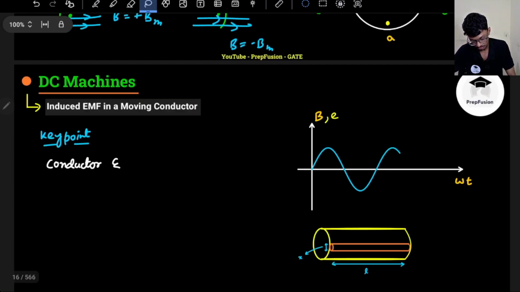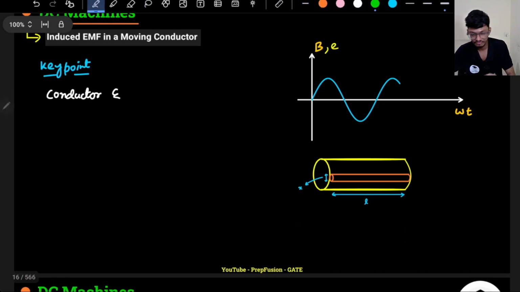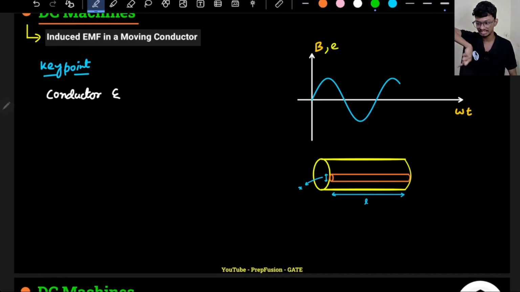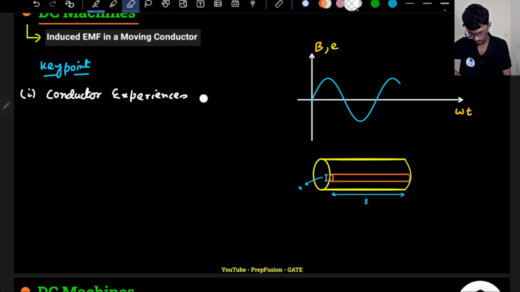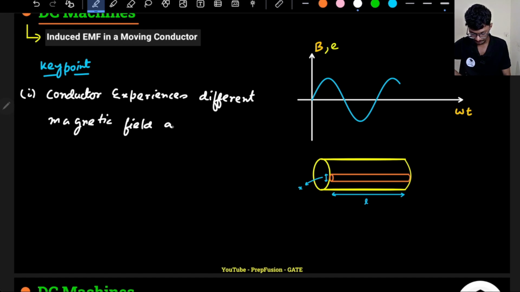Okay. So now if I don't provide any excitation and I myself rotate the armature, then the conductor experiences different magnetic field at different points.